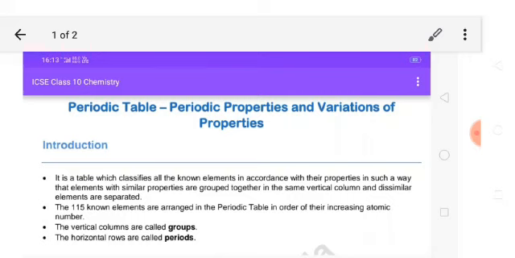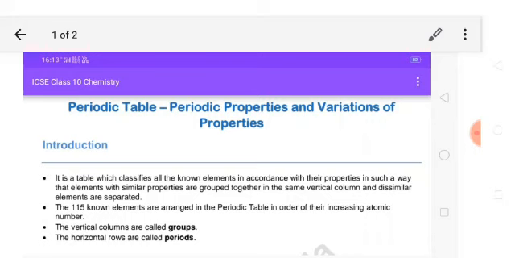Then the introduction of the modern periodic table: it is a table which classifies all the known elements. It means the periodic table classifies all the known elements in accordance with their properties, according to their properties, not other things, in such a manner that all the elements with similar properties are grouped together.